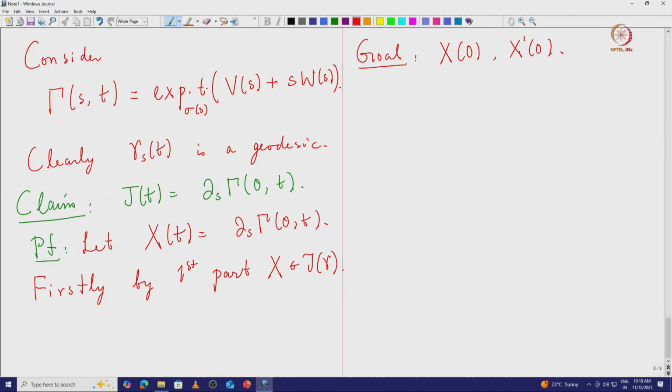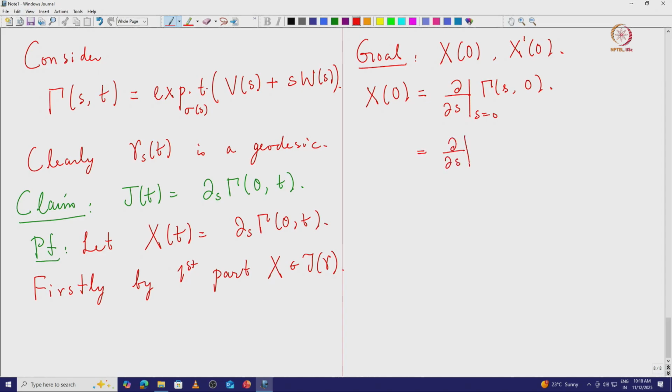So what is X of 0? Well, X of 0 is precisely del by del s at s equal to 0 of gamma of s comma 0, because you are only computing the derivative in the s direction, so you can put t equal to 0. But what is this?